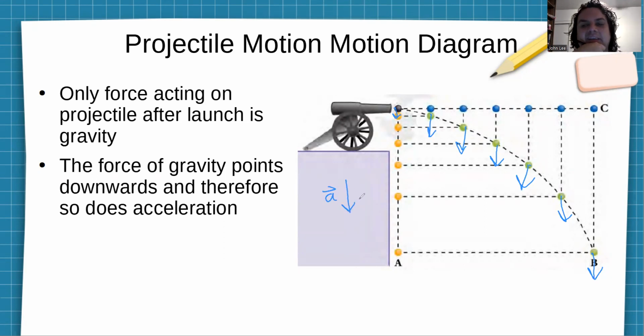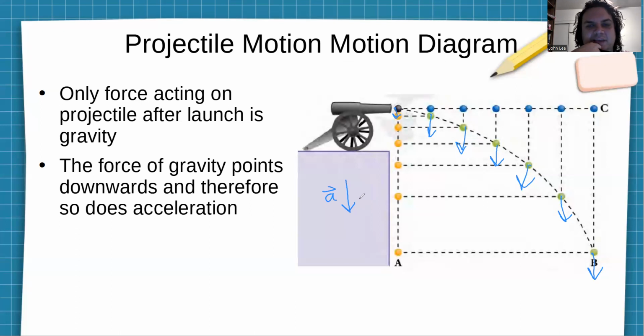Yeah, so in this diagram, you are taking snapshots of a system. It's called a motion diagram. You are taking snapshots every, say, 1 second or half a second or quarter of a second, probably closer to a quarter of a second for this one.